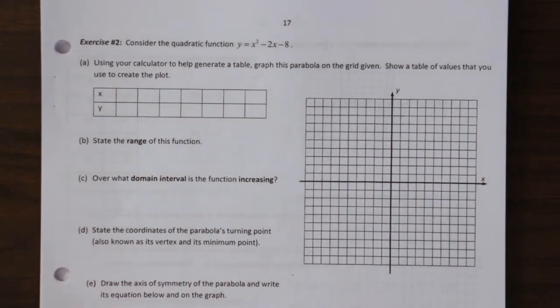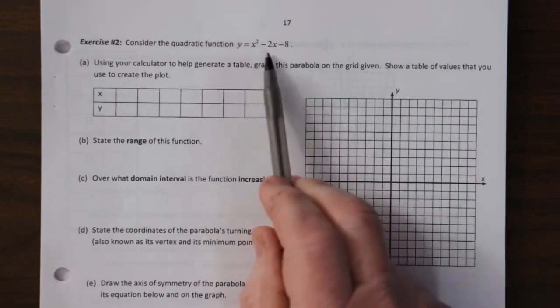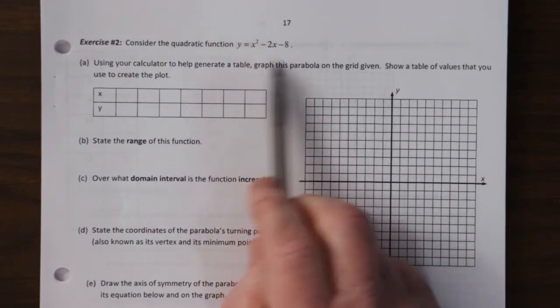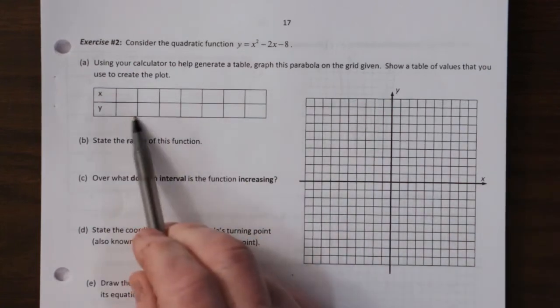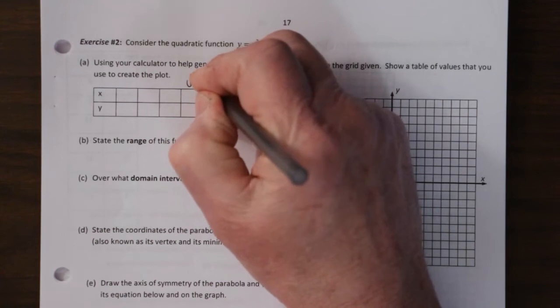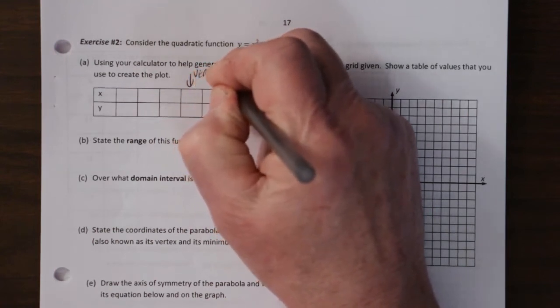So we're going to type this in our calculator and get a list of values. Once again, if we didn't have our calculator, we could still do this. You'd have to do your negative b over 2a and then do some points on either side of it. They give us 7 points here, so we're going to want the vertex in the middle. That's really important.